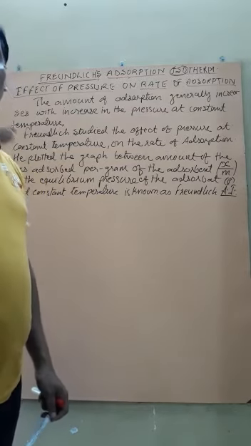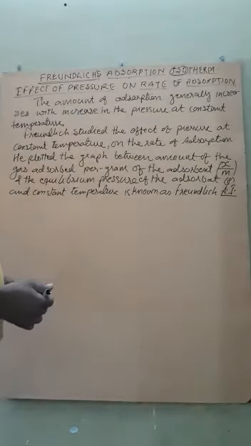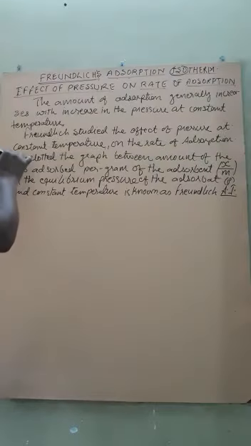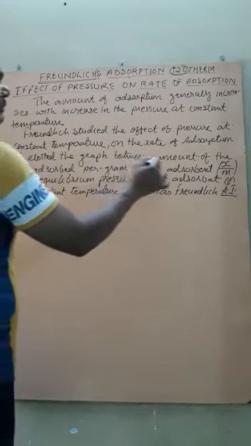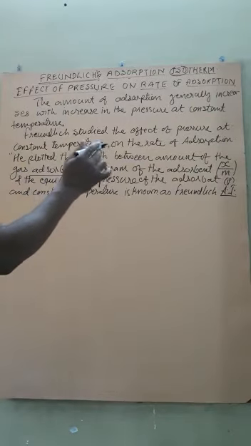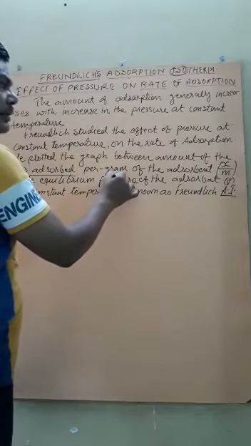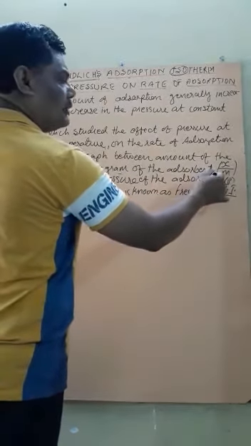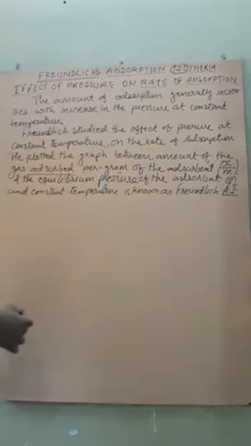So that was studied by Freundlich at constant temperature, the effect of pressure on the rate of adsorption. He plotted the graph between the amount of gas adsorbed per gram of the adsorbent, which is denoted by x by m.